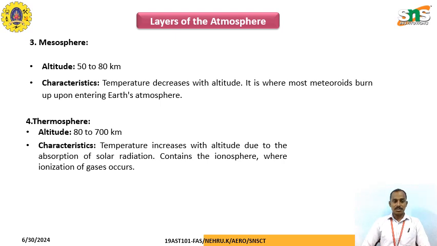Next is the mesosphere. The altitude for the mesosphere is 50 to 80 kilometers. Here the temperature decreases with altitude. This is where most meteoroids burn up in the Earth's atmosphere. It is the region where asteroids and such objects get burned up. Next, the thermosphere, from about 80 to 700 kilometers, where temperature increases with altitude due to the absorption of solar radiation, containing the ionosphere where ionization of gas occurs.